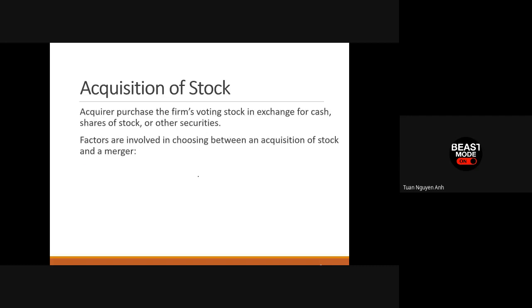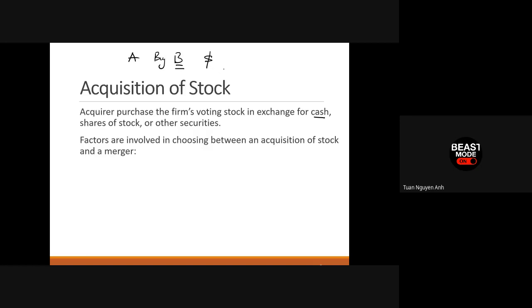Here we talk about the second form, acquisition of stock, and this is how it is formed. The acquirer purchases the firm's voting stock in exchange for cash. So this is the first thing you can see here that is different. For example, A acquires B, and all of the stock of B will be acquired by cash.